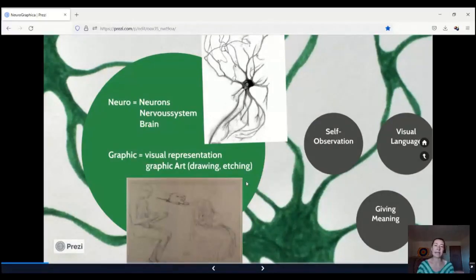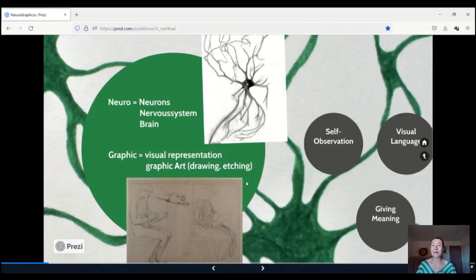So it's drawing, it's etching. It's not so much art that is working with, for example, just color, but it's specific to art with lines. And in the NeuroGraphica method, the line actually plays a very, very super important role. So that makes perfect sense there.